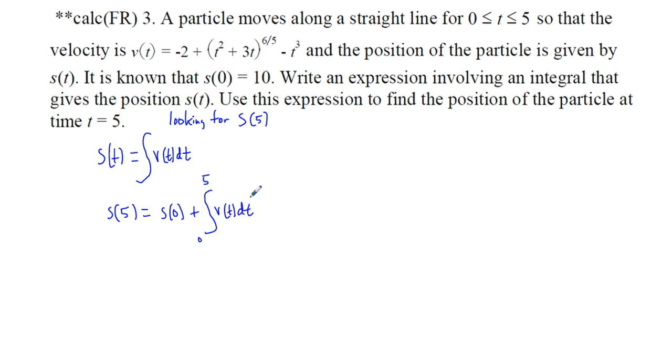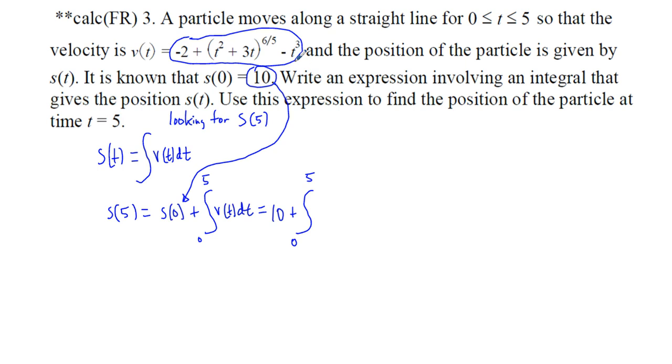So that's going to be equal to, s of 0 is 10, so 10 is going to replace that s of 0. So you have 10 plus the integral from 0 to 5, and then we have this whole function right here is going to be v of t dt.